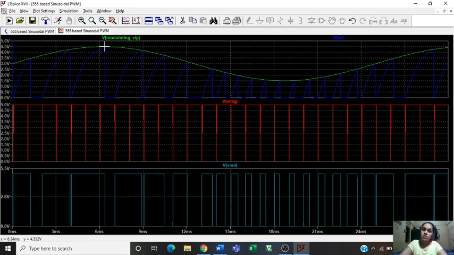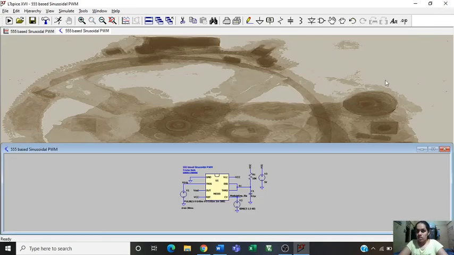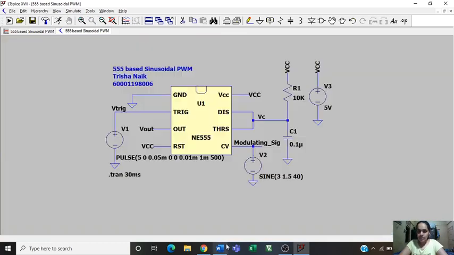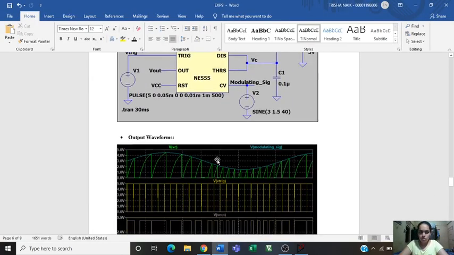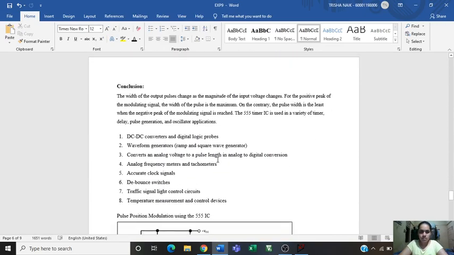So as it goes from the positive peak to the negative peak, the width of my output pulses progressively decreases. Similarly, when it goes from the negative peak to the positive peak of the modulating signal, the width of my output pulses progressively increases. So this is how a PWM works. You can see my output here.